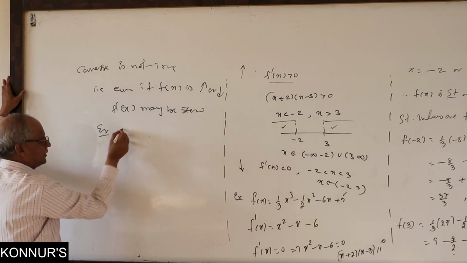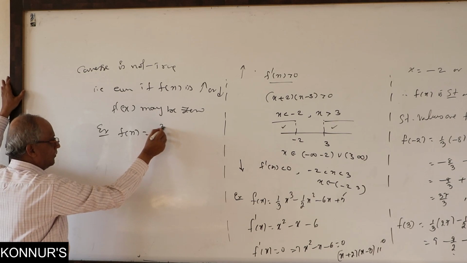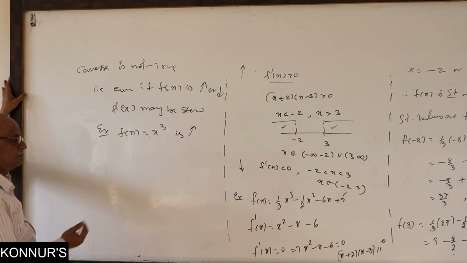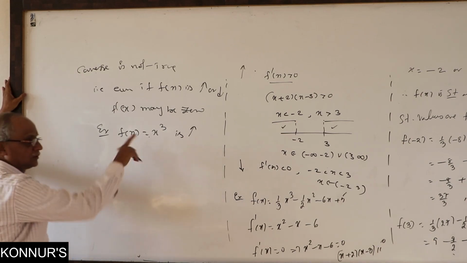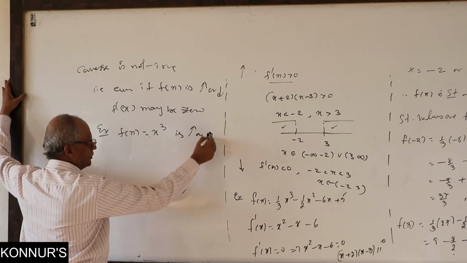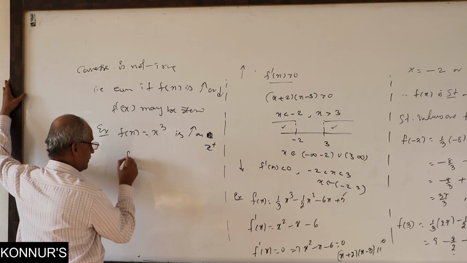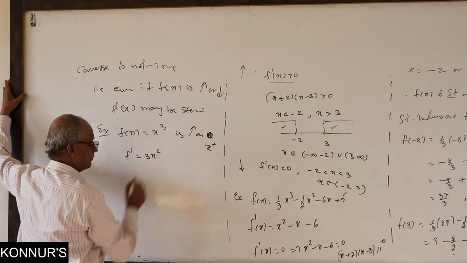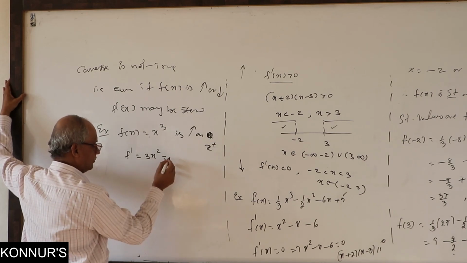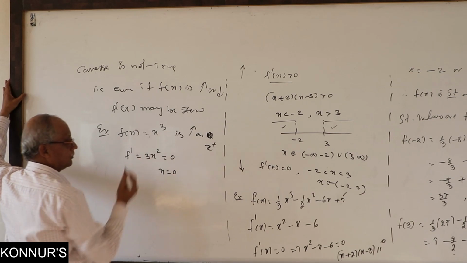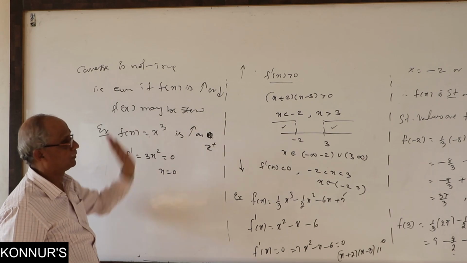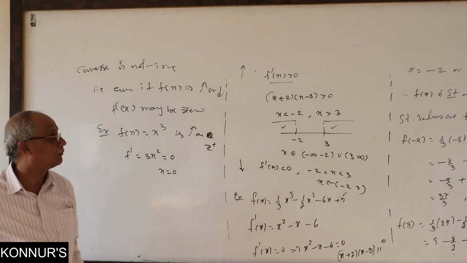For example, write x cube is increasing on R plus, or on integers, take Z plus. But what is f dash x? 3x square. F dash x is 0 for x equal to 0. Even though it is stationary, it is still increasing. Like that we have examples.